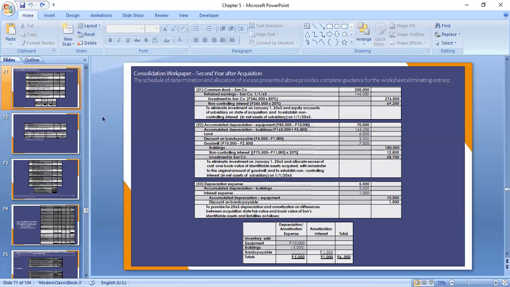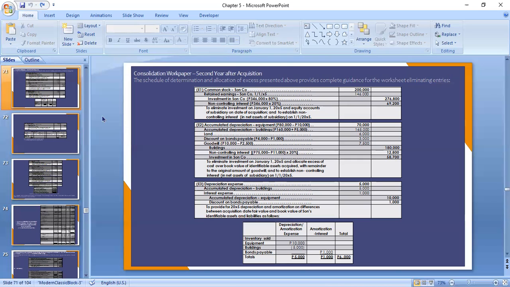So we now debit accumulated depreciation for equipment and for buildings. Then a debit to land, debit to discount, and debit to goodwill. We credit buildings, non-controlling interest, and investment in Sun. So the next entry will be to debit depreciation, accumulated depreciation, then interest expense, credit accumulated depreciation, and credit discount on bonds payable.